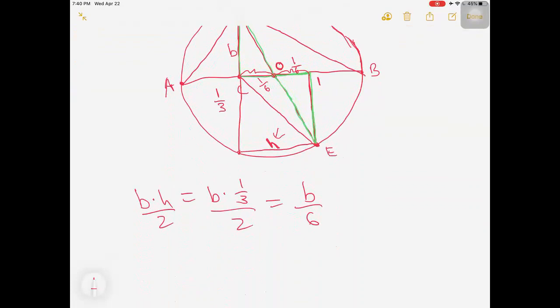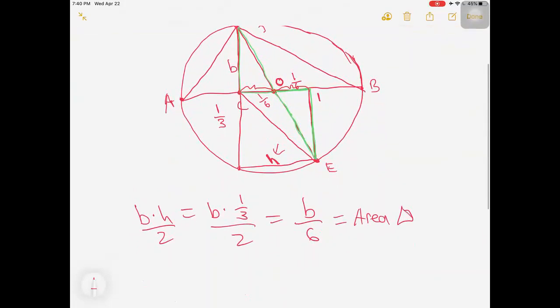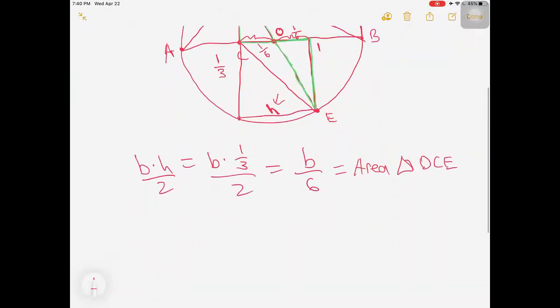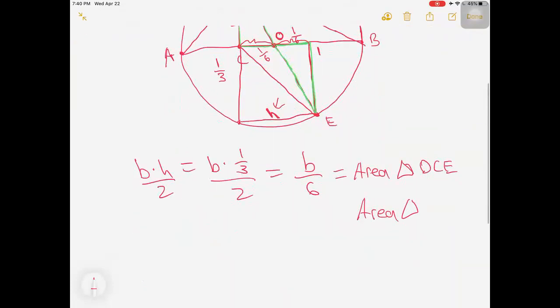So let's just write, this is the area of triangle DCE. So we want to try and find the area of triangle ABD.